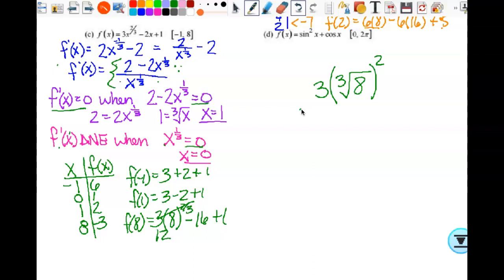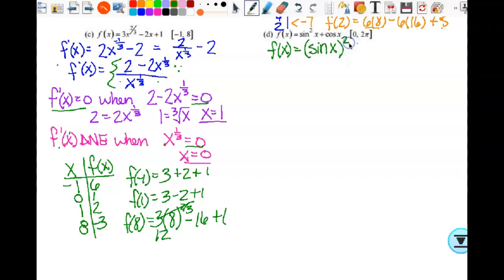Okay, let me remind you all something. All right, let's back up a little bit. See, this is why I'm not just doing it all, because I need to know where your questions are on this stuff. I would rewrite this as f of x equals the sine of x squared plus cosine of x.